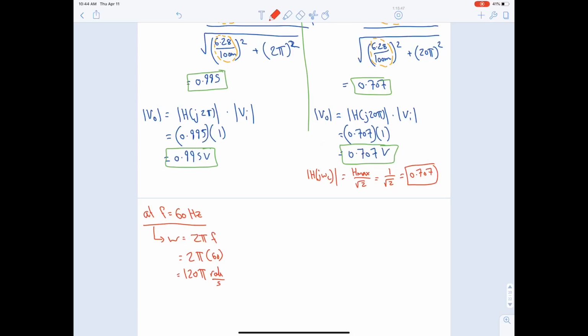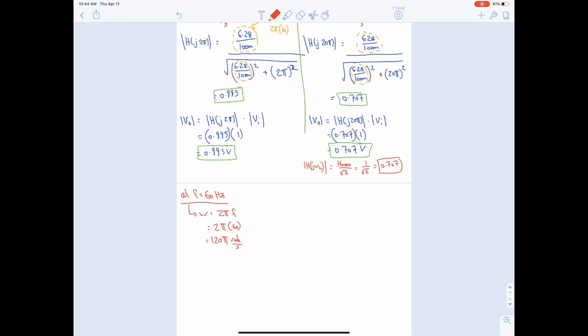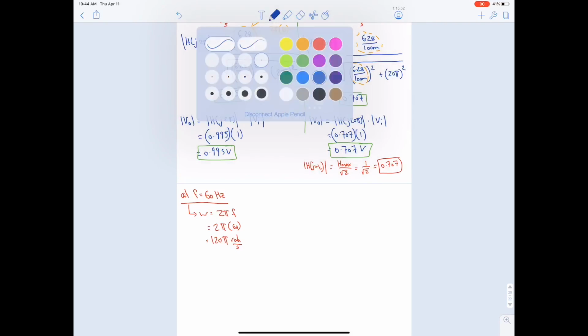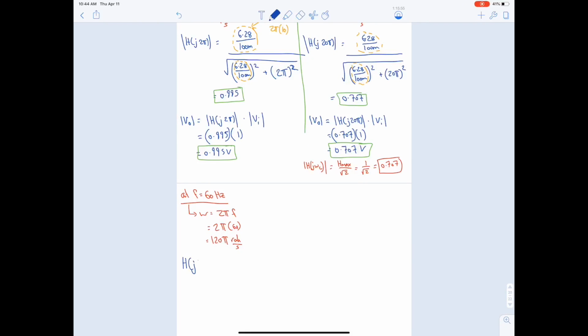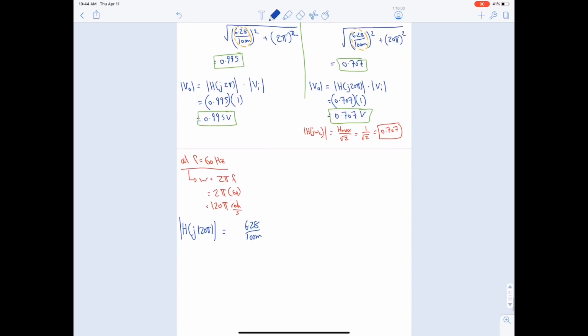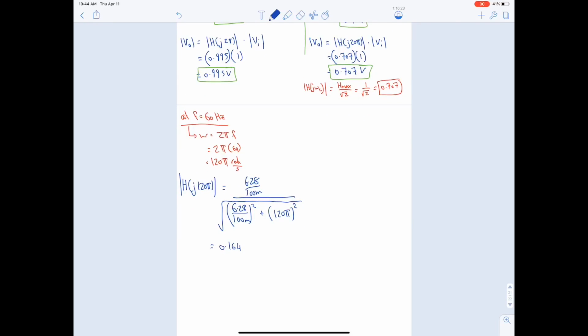Now substituting in the magnitude evaluated at 120 pi: 6.28 divided by 100 milli, divided by the square root of (6.28 over 100 milli) squared plus (120 pi) squared. This will give us 0.164.